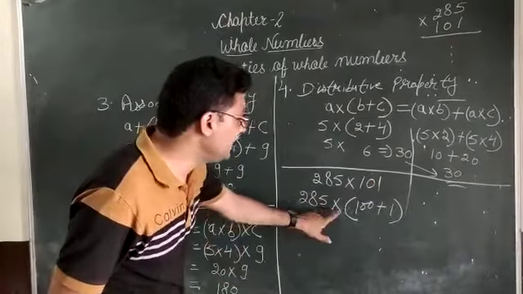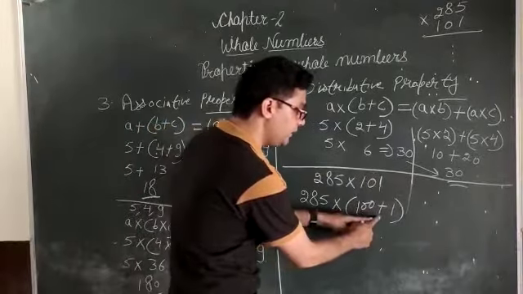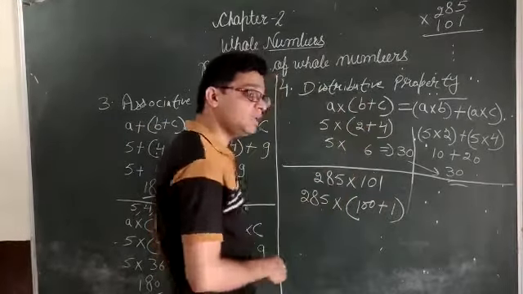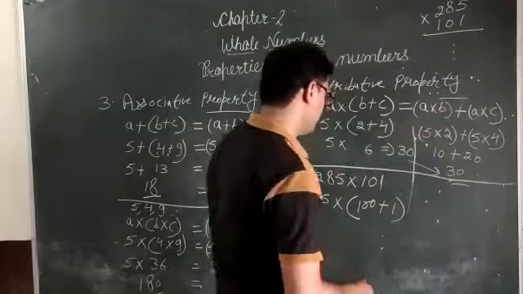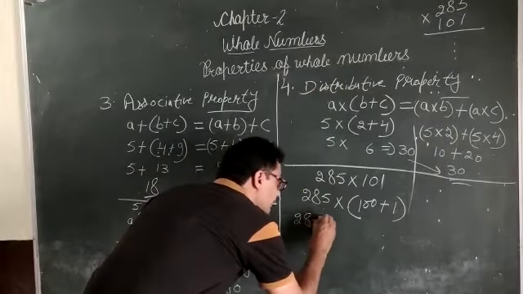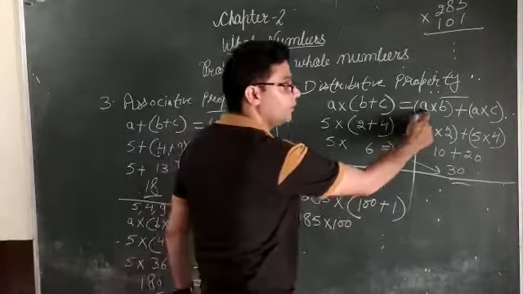Now you can apply the distributive property. A into B plus C. A into B plus C. And how to solve? First A we will multiply with B. 285 multiplied with 100. Okay.